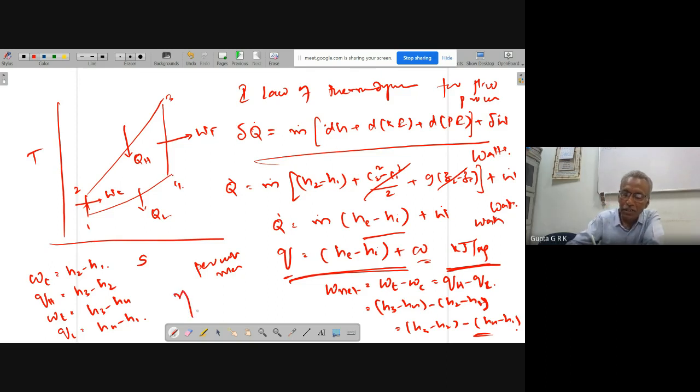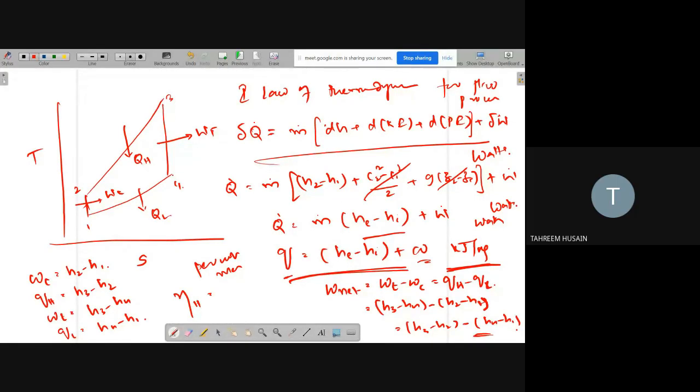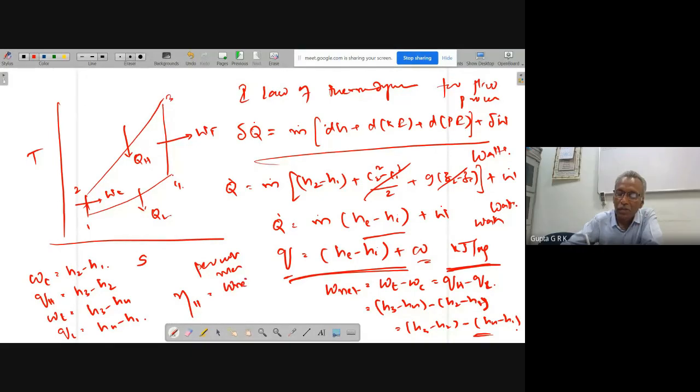And then what is efficiency? Efficiency is equal to network output by heat input, right?